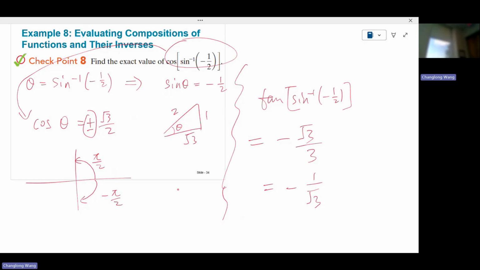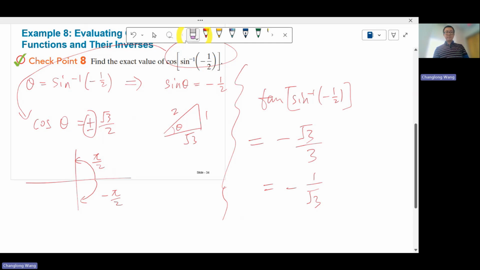But sine theta must be negative, which means that the angle has to be in the fourth quadrant, right? For the sine to be negative. But in the same quadrant, the fourth quadrant, cosine has to be positive. And therefore, you realize, in this case, you are still getting a positive cosine, right? Even if you have a negative sine, cosine is going to be positive.